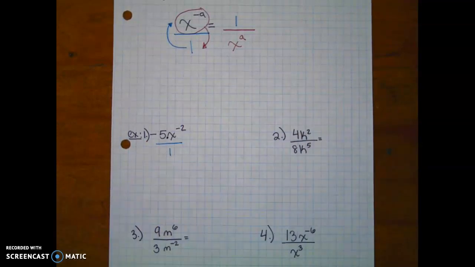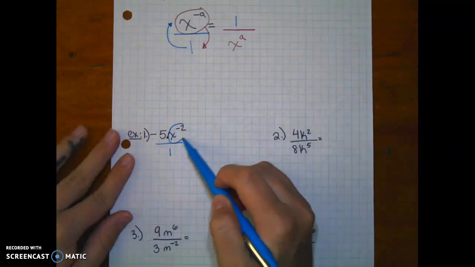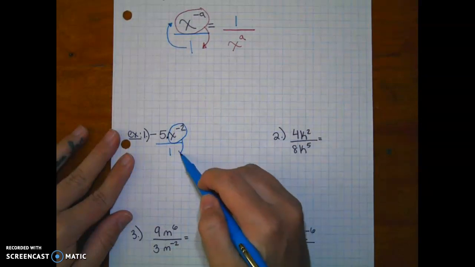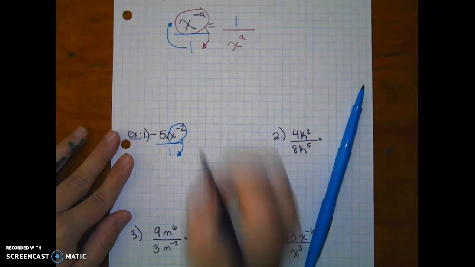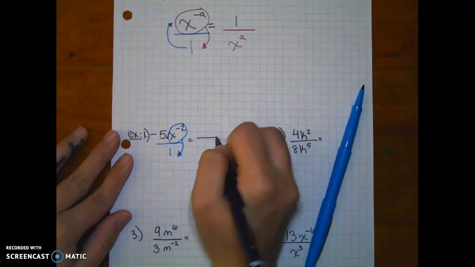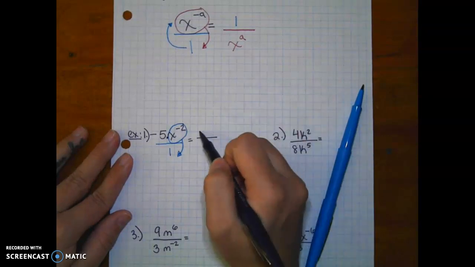So, in order to make the x with its exponent positive, you need to take this and flip it underneath. I'm going to leave the negative 5 alone and above it. The reason why is because there's no negative exponent attached to it, or an x.